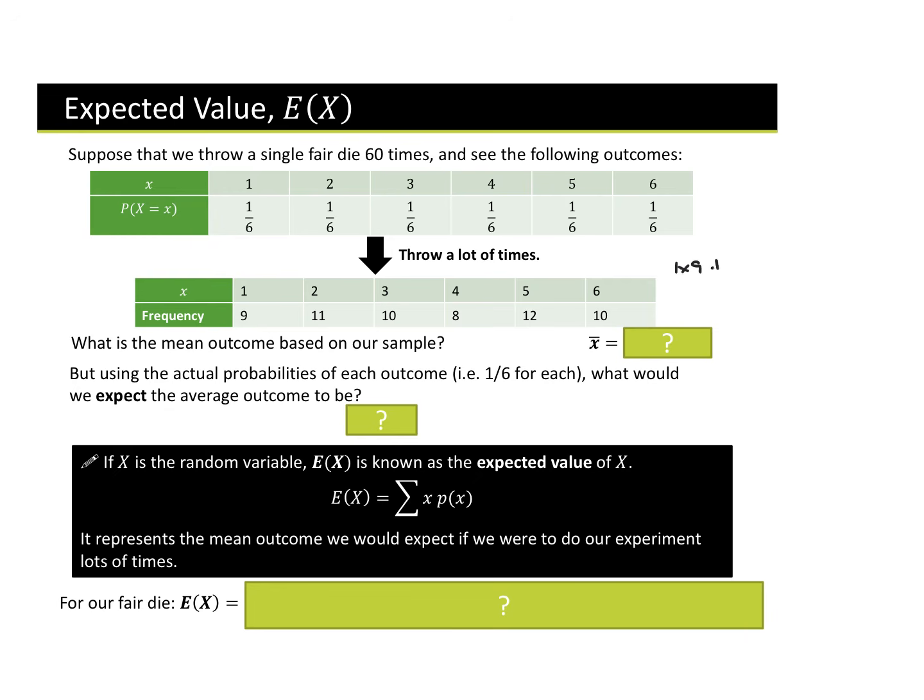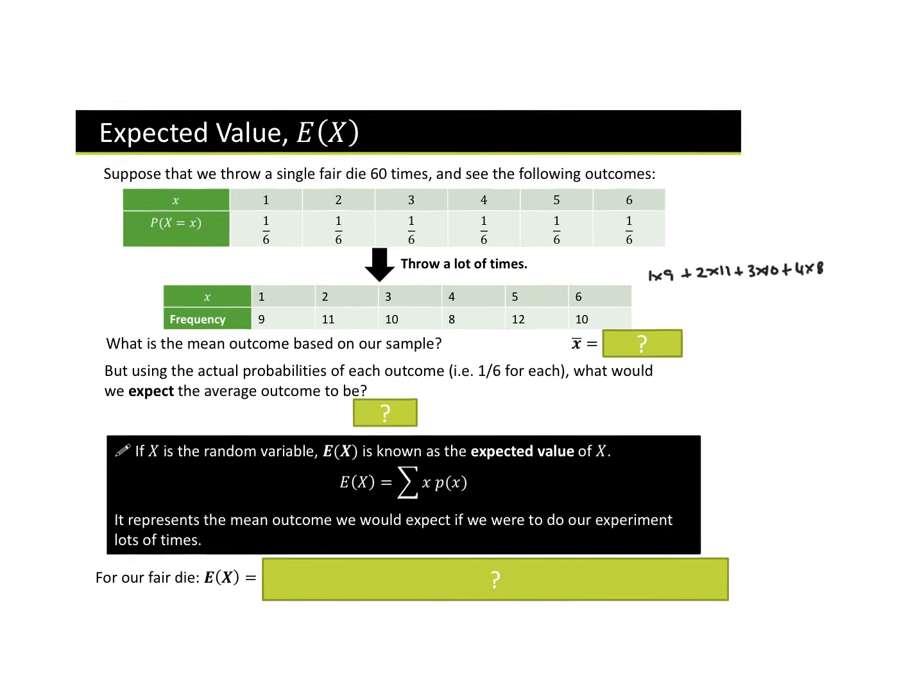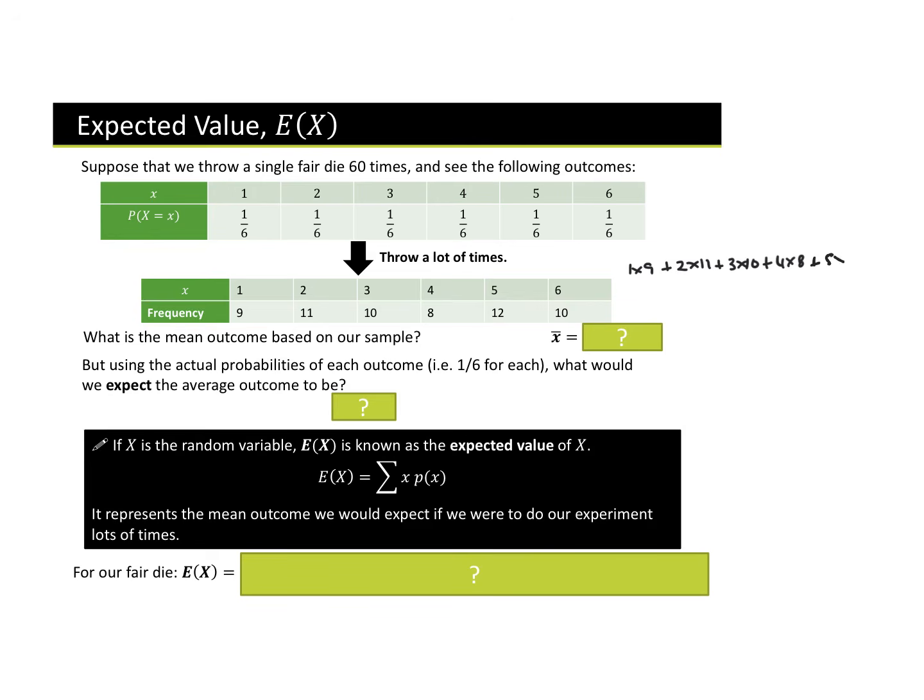How could you do this quicker? Yeah, put it into your calculator. 3 times 10. 4 times 8. 5 times 12. 6 times 10. And I'm going to divide it by 60. So the mean outcome based on our sample is, perfect, 3.55.